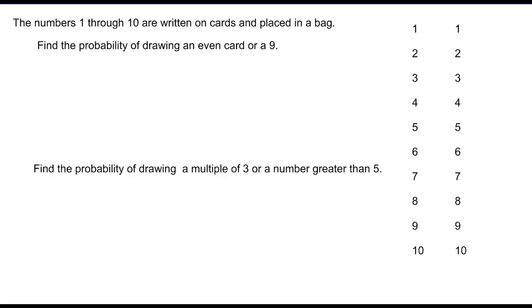In this case, write the numbers 1 through 10 on a card, place them in a bag. Probability of drawing an even or a 9. Seems like there's going to be some overlap here, so I have my numbers written over here. Let's do this problem. If I want an even number, 1, 2, 3, 4, that's 5 out of 10.